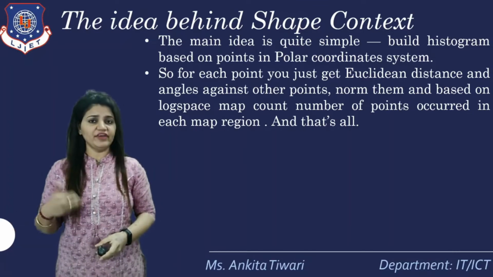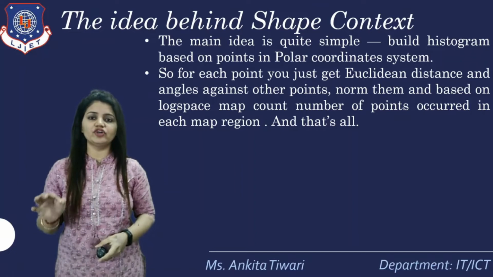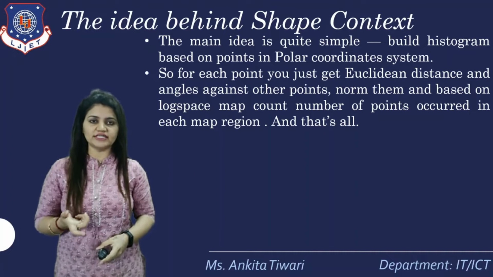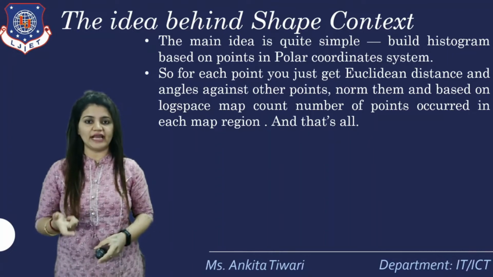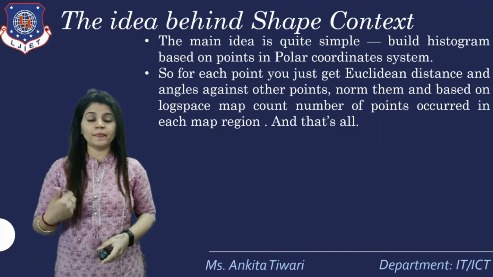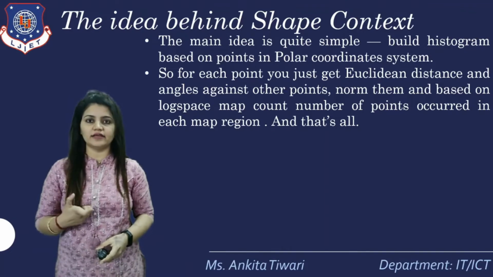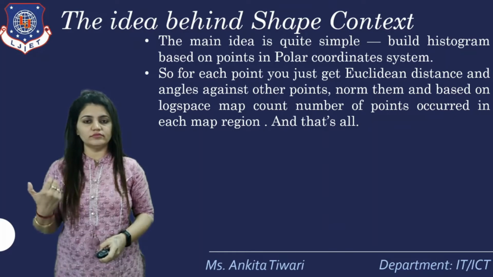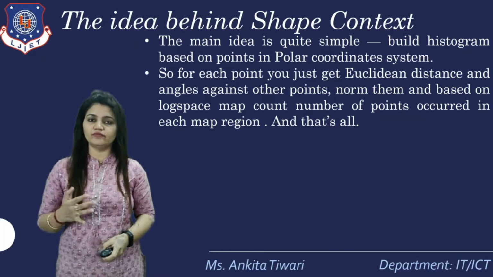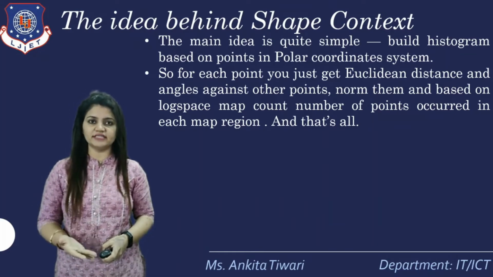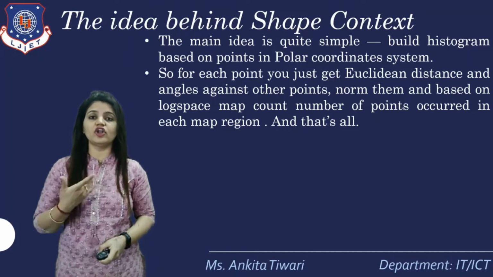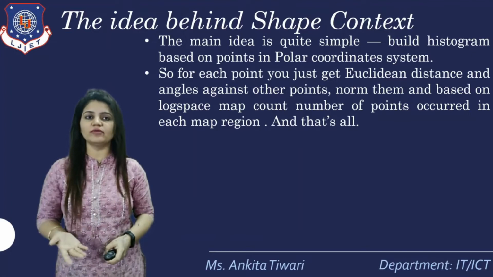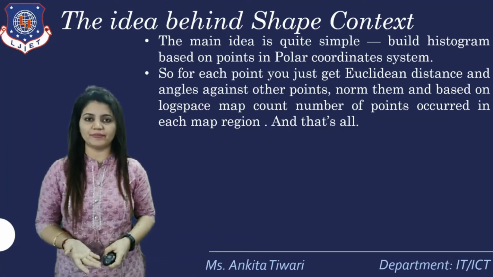When we see each point at a particular place in a particular object, we need to calculate the Euclidean distance for that particular object, and the angles against each and every point that we consider. Then we understand where the point exists, norm them, and based on the log space mapping, count the number of points that occur in each map region.